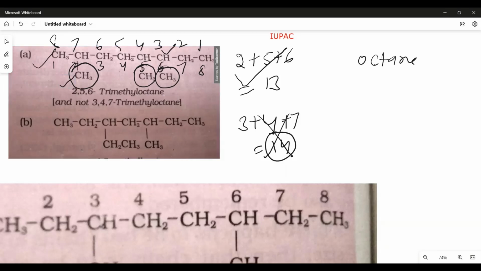So it is 2,5,6-trimethyl octane, because 3 methyl groups are there. For 2 it is di, for 3 it is tri, for 4 it is tetra. So it is 2,5,6-trimethyl octane, and the other numbering, 3,4,7-trimethyl octane, is wrong because the addition of the substituents comes out to be more than 13. Okay, I think this example is clear to all of you.